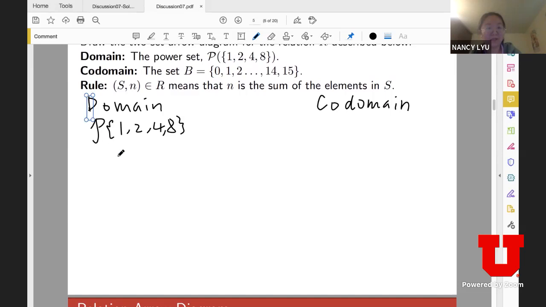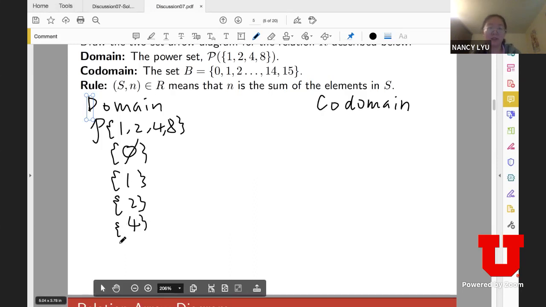So we want to write out all the subsets in the power set. So what are they? We always have the empty set, and {1}, {2}, {4}, and {8}.